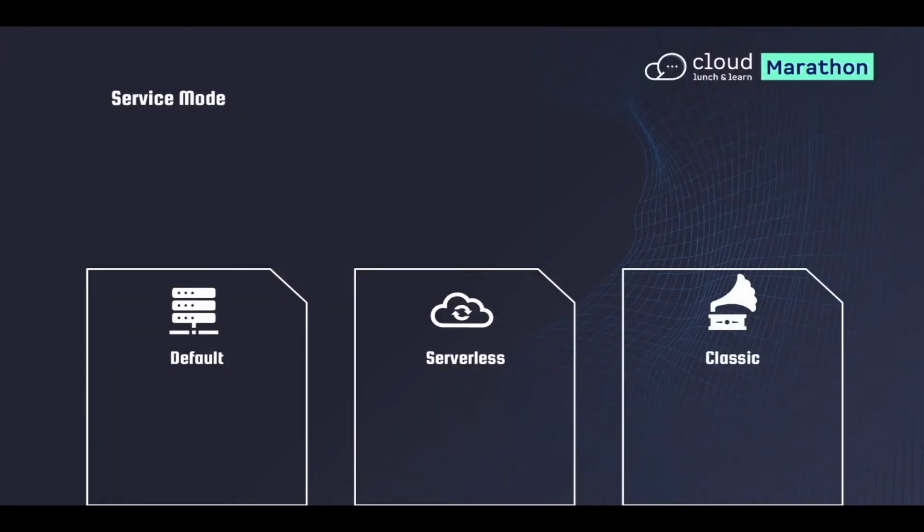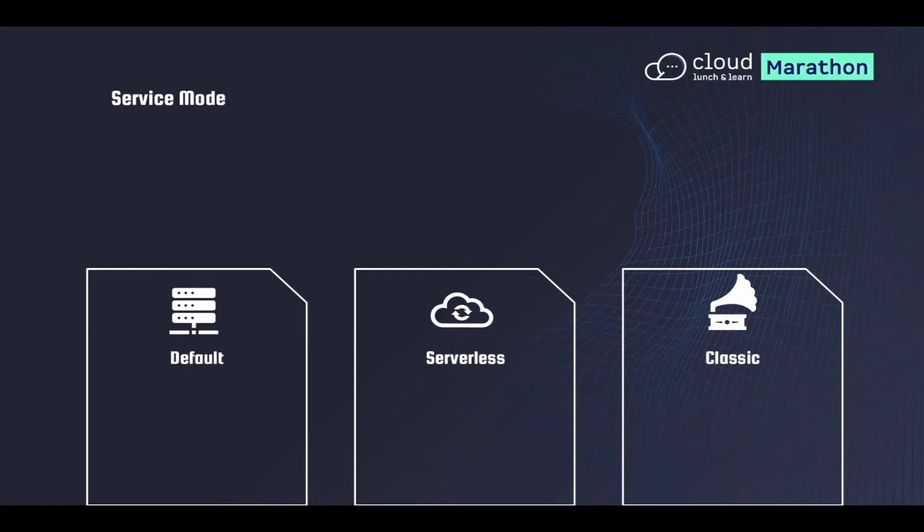There are three service modes that you can choose when you create a SignalR service. In default mode, you have a hub server and clients, and they are connected through the SignalR service like a proxy. In serverless mode, there is no hub server, as you can understand from its name, it is serverless. All connections are connected to the service.